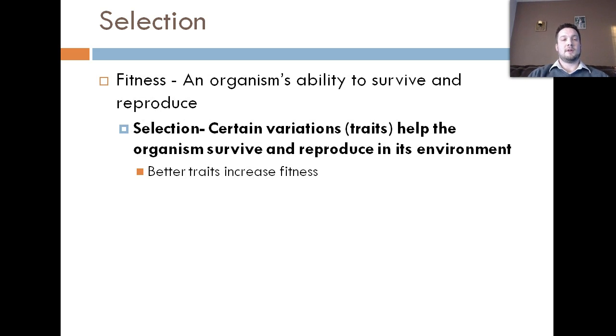Okay, so first of all, let's talk about fitness. I'm sure you've heard the term fitness before. Usually it refers to how physically fit you are. If you hit the gym or you like to run every day and you're in good shape, they call that fitness. In biology, it's kind of similar, but a little bit different, and that is just an organism's ability to survive and reproduce. So if you are an organism that lives in the ocean, things that would increase your fitness, increase your ability to survive and reproduce, might be gills or fins or something like that.